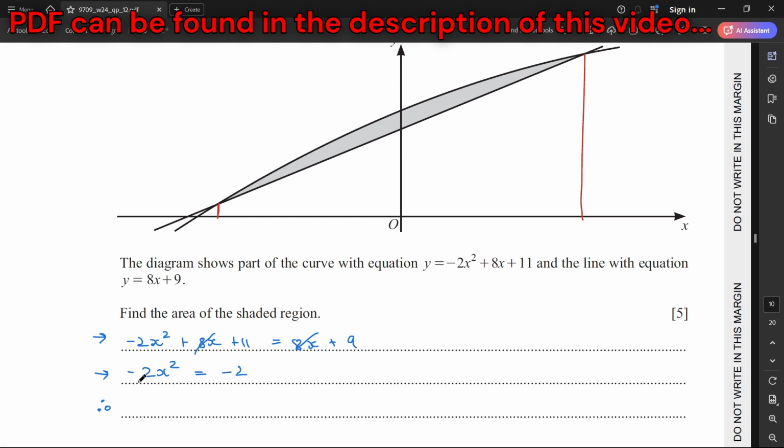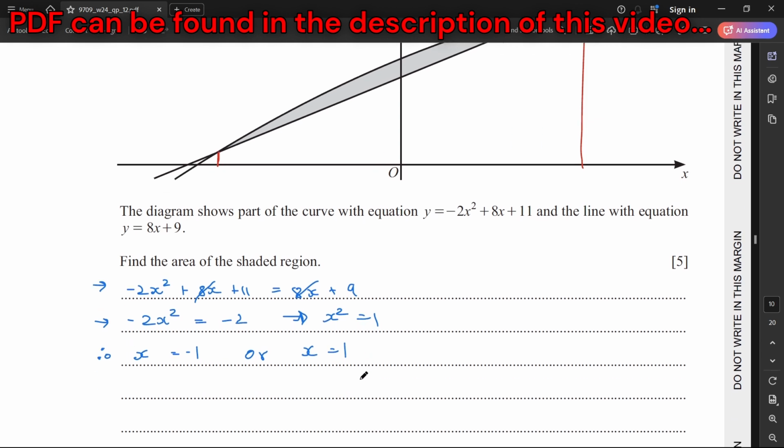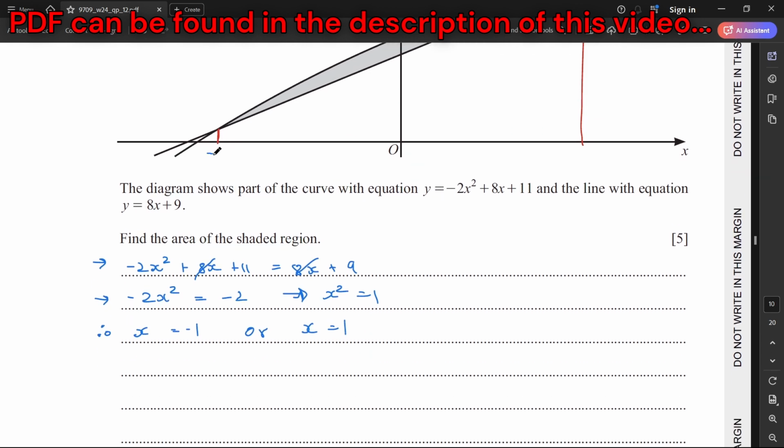And therefore, I can clearly see that x² will be equal to 1, because the -2 and -2 get out, so I'm left with only 1. So if x² is equal to 1, I know that x will be equal to plus or minus 1. So this becomes my -1, this becomes my 1.